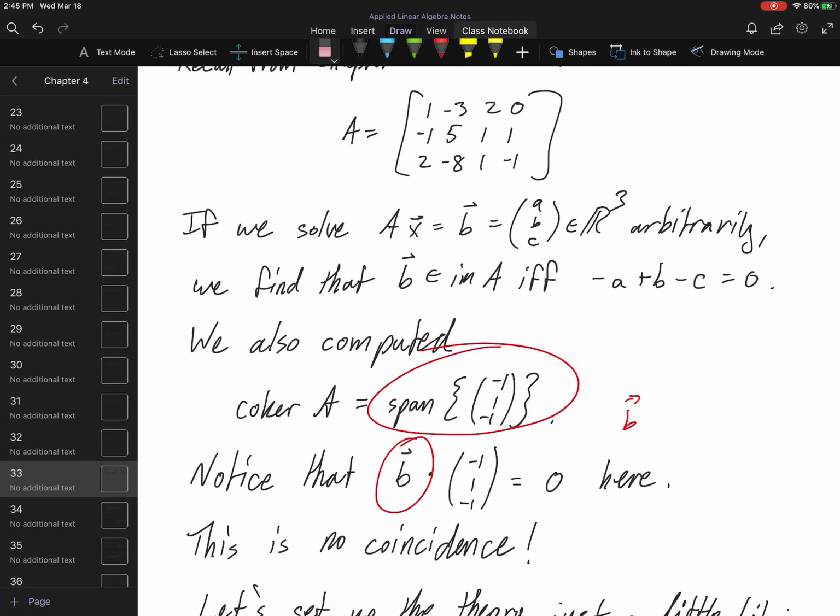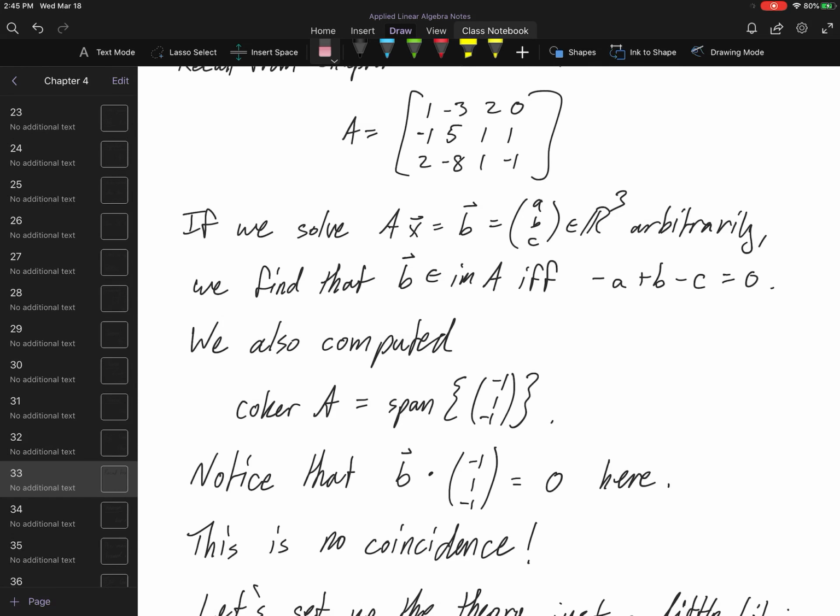B would have to be in the image of A, and it turns out that this will be the orthogonal complement of the co-kernel. So if I can show that b is orthogonal to every element in a basis of the co-kernel of a matrix, then I've already satisfied this compatibility condition, this minus a plus b minus c equals 0.